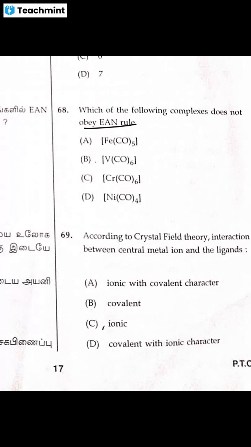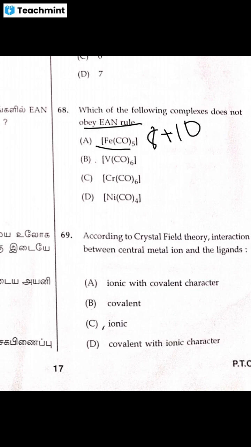In the EAN rule, take the iron outermost shell electrons and add the pairs of electrons from the carbonyl. How many outermost shell electrons are there? Iron is d6 4s2, so 8 electrons. 8 electrons plus 5 carbonyls, each donating 2 electrons, so 5 twos are 10. Okay, so 18 came.